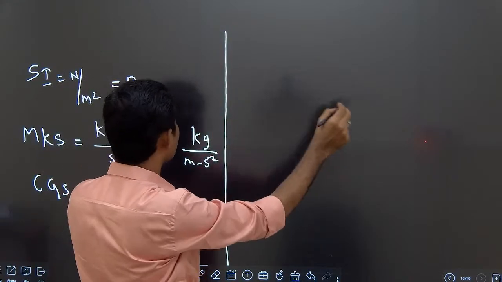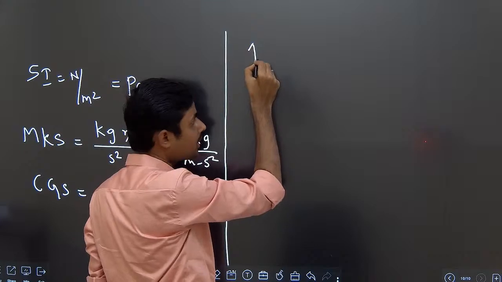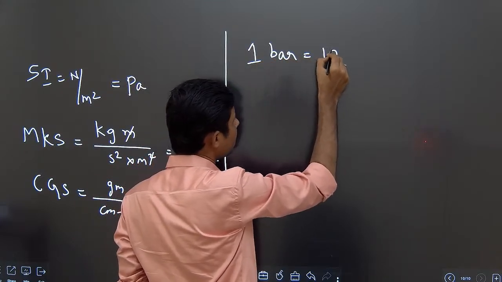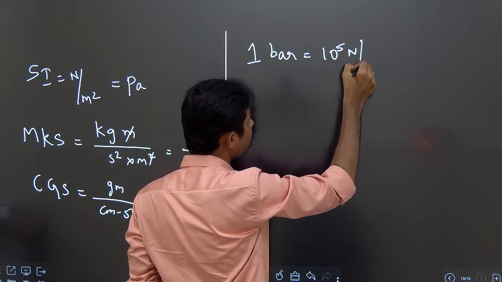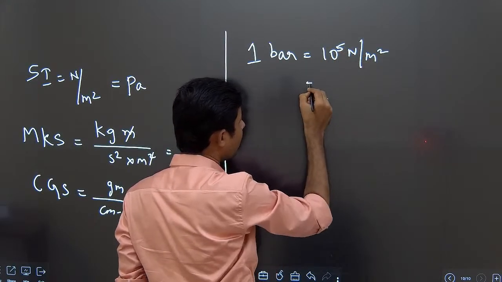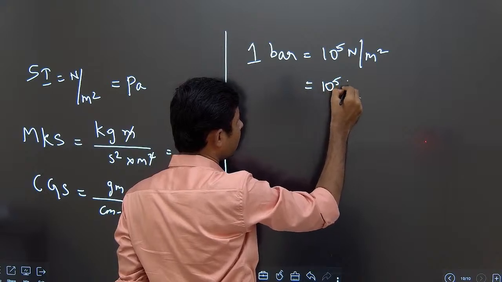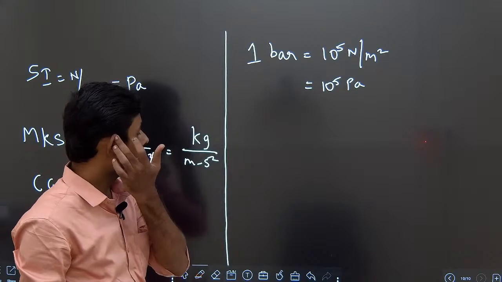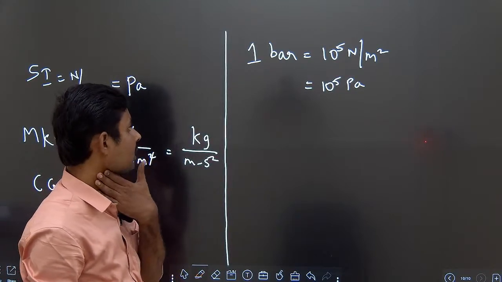Now there are a few other units of pressure. 1 bar is equal to 10 to the power of 5 Newton per meter square, or 10 to the power of 5 Pascal.